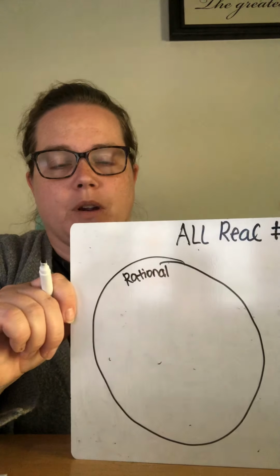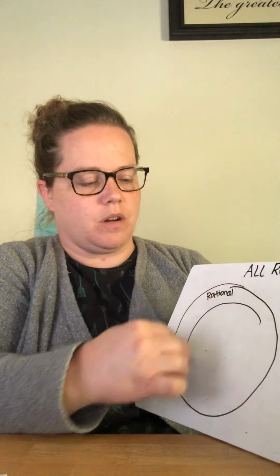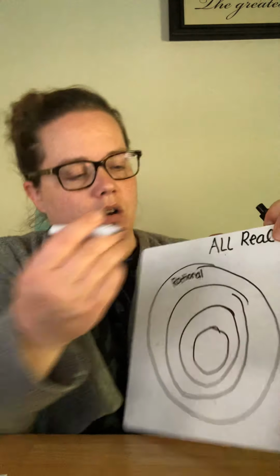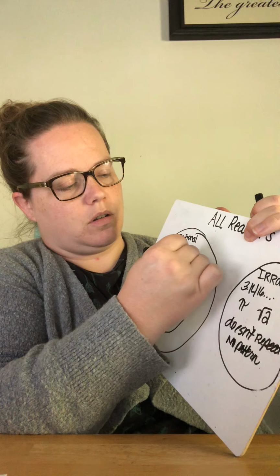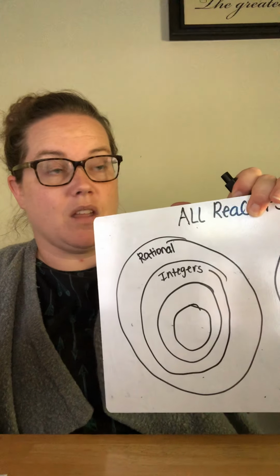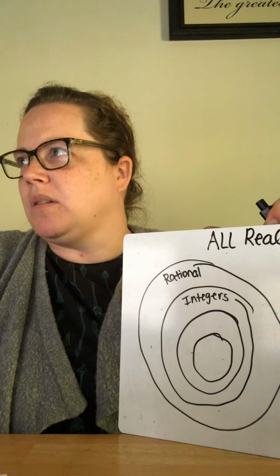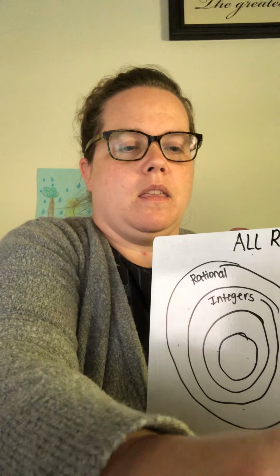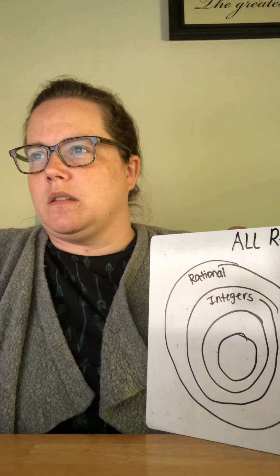For a rational number, it's basically everything else, right? And we're going to take the rational numbers and break them down into integers, right? Integers. And then we've got, I'm drawing a blank here.